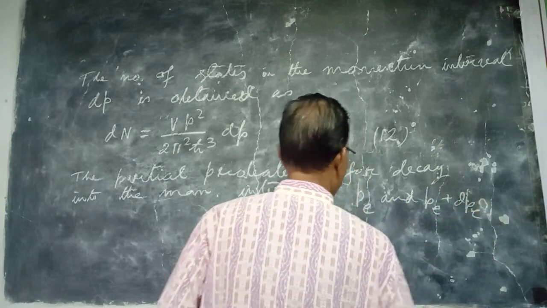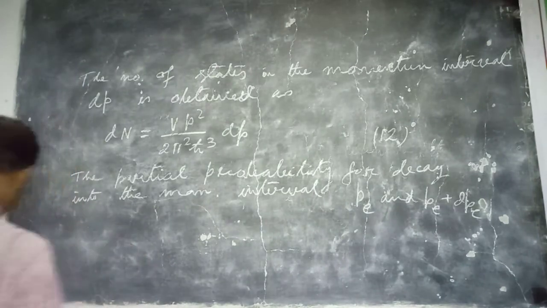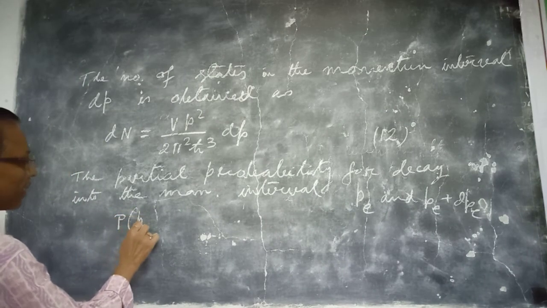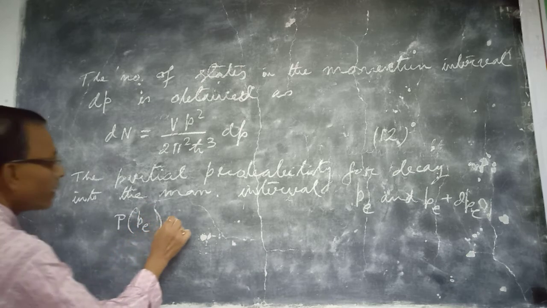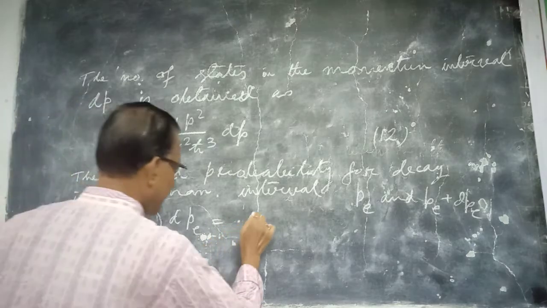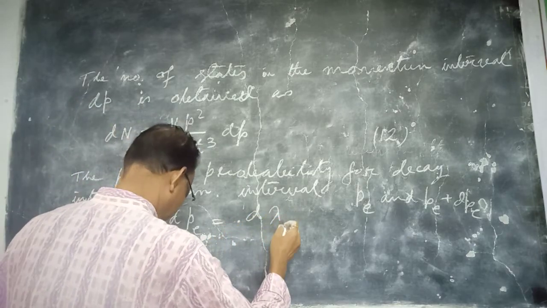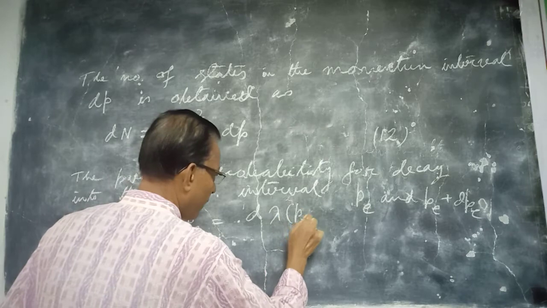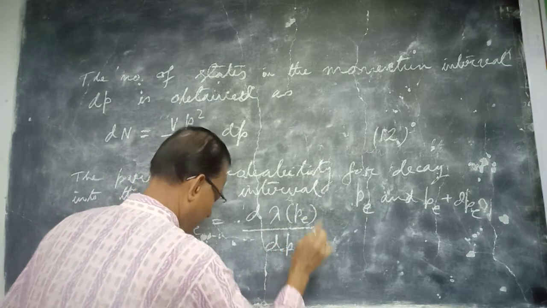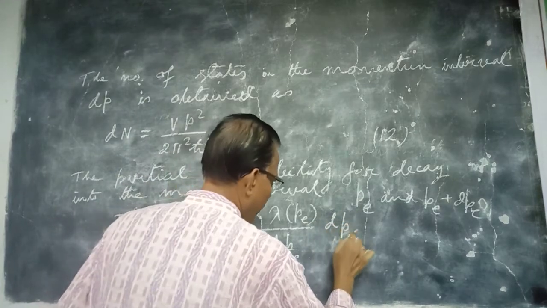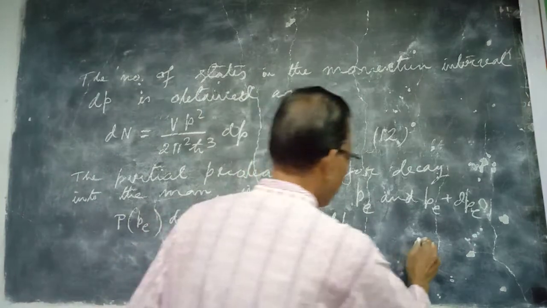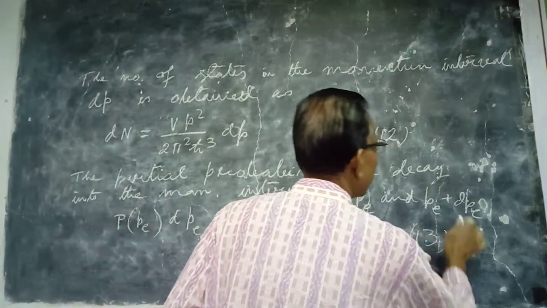In this momentum interval, what will be the probability of decay? That is probability P of P dP, that is equal to d lambda P dP. This is the probability of decay in the momentum interval dP.